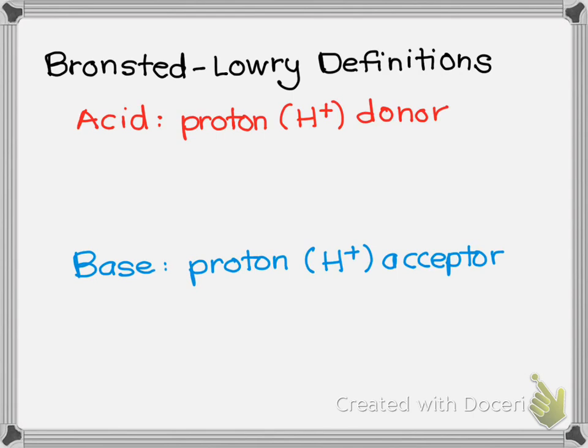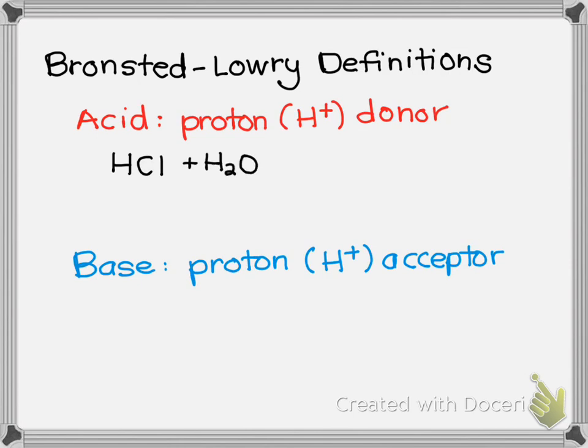So in Bronsted-Lowry, an acid is a proton donor. Okay, so for example, let's look at hydrochloric acid, which we had before when we did the Arrhenius definition. So we have hydrochloric acid, and when we place it in water, what did I say that it did?